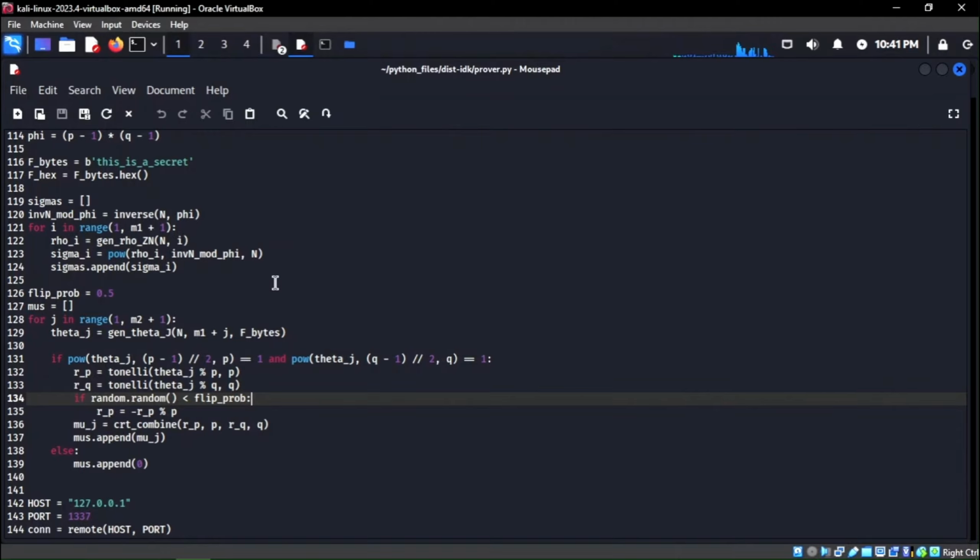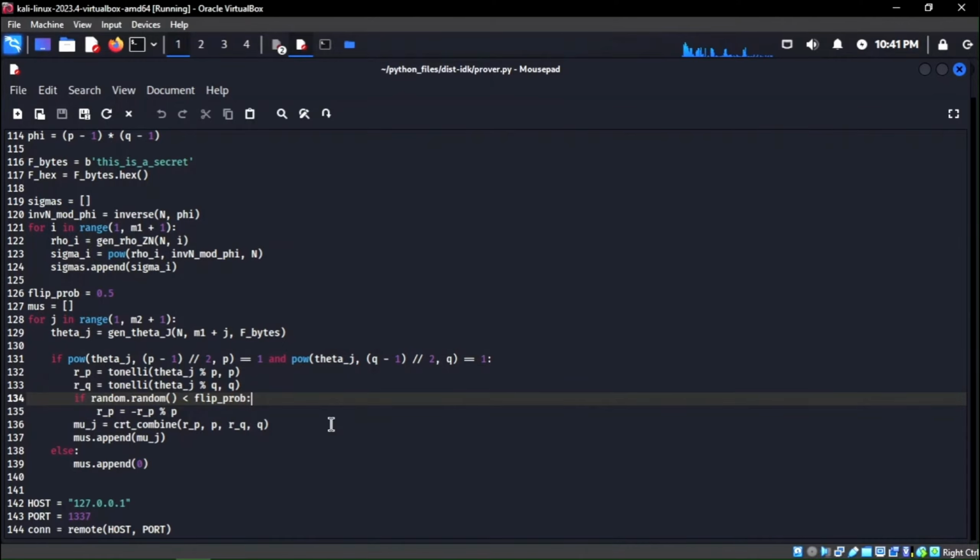The sample prover script includes a line here, the random function. This line shows a random 50-50 choice to flip the sign of one of its internal numbers.